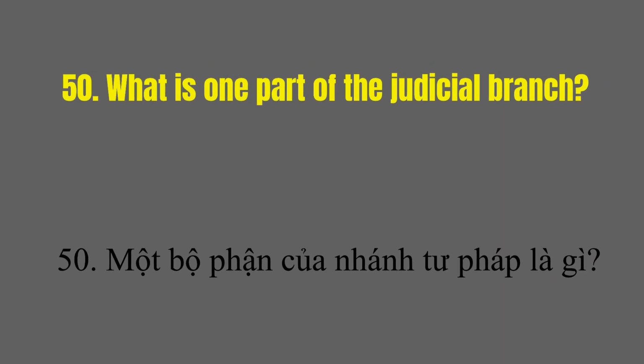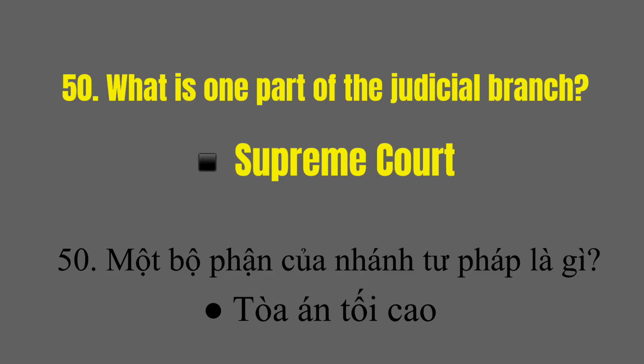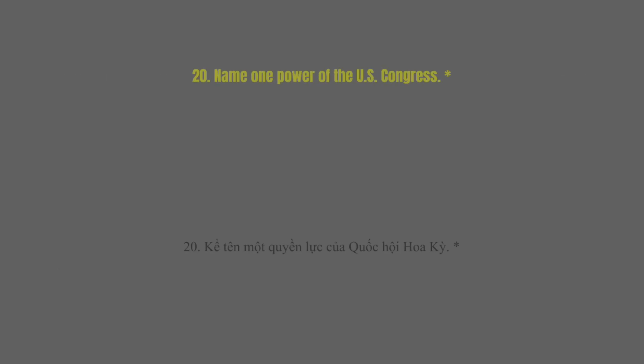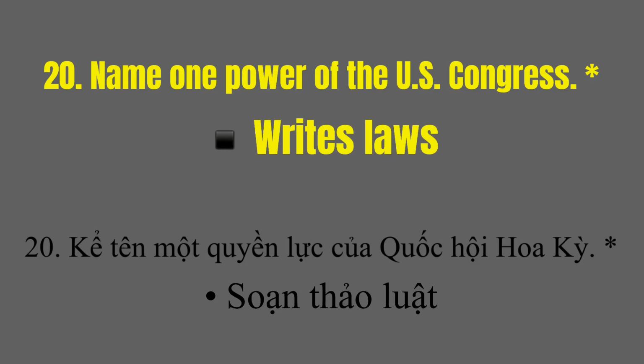What is one part of the judicial branch? Supreme Court. Name one power of the U.S. Congress. Rights, laws.